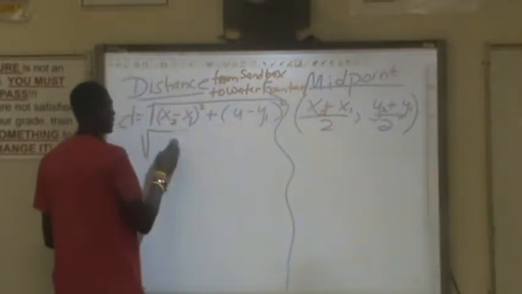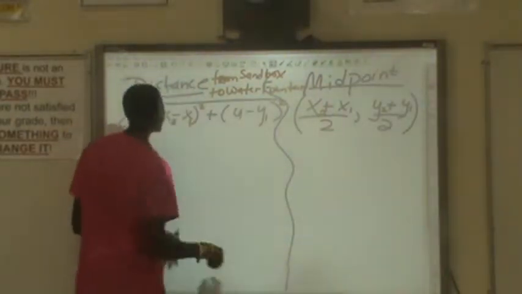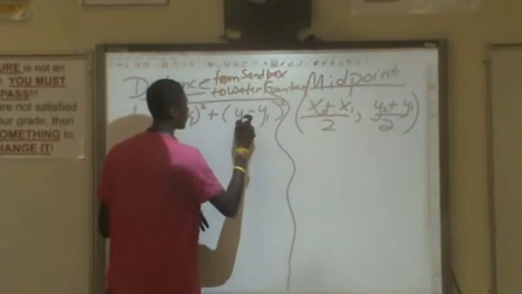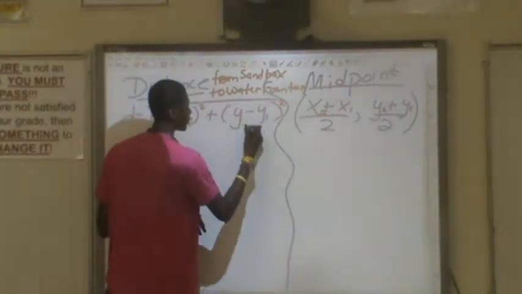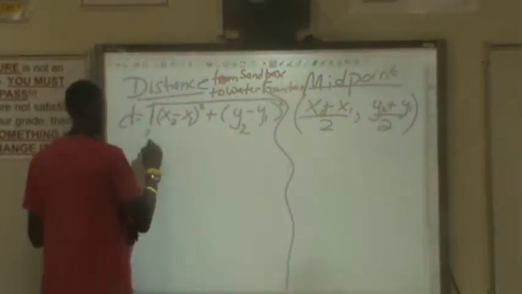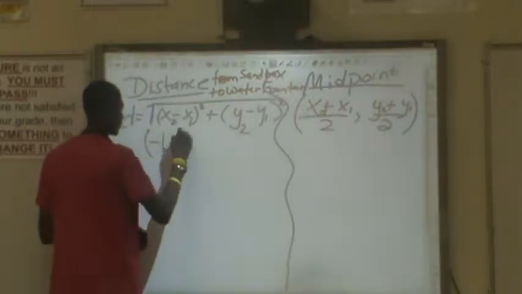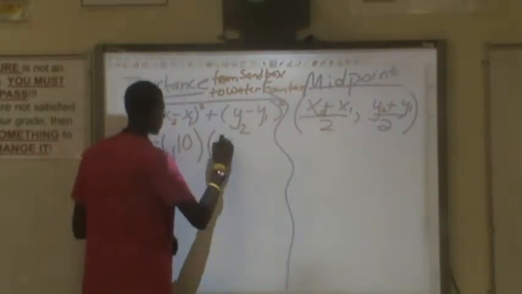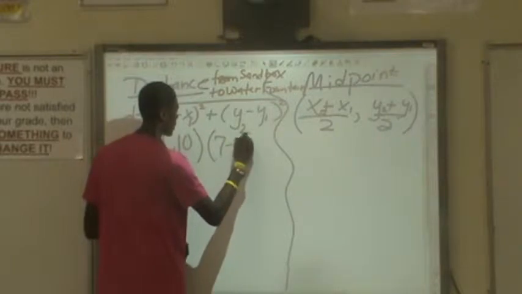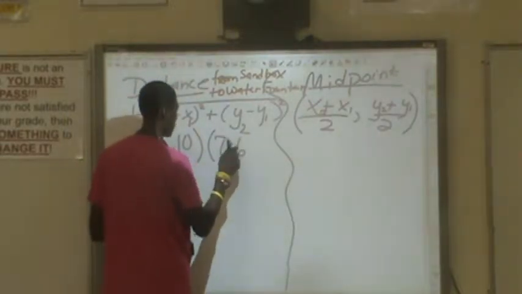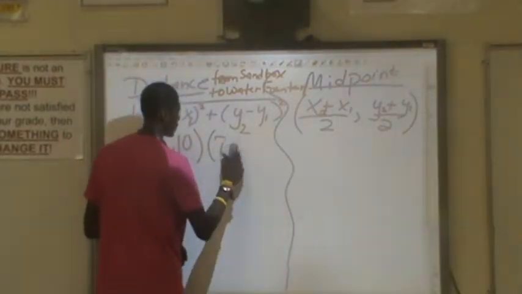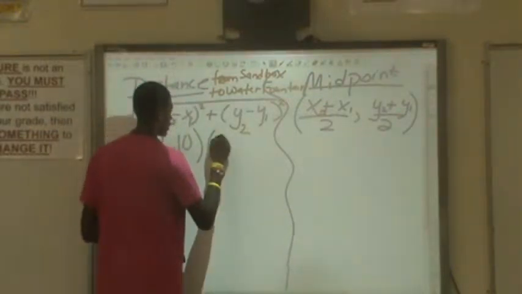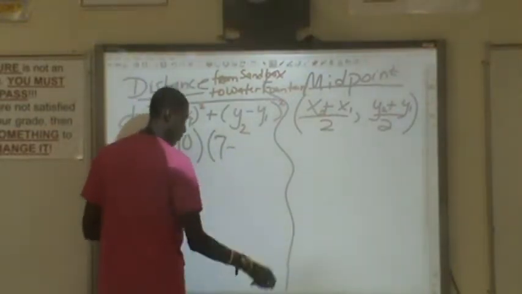So he's going to write both his coordinates first. So -1, 10. Yes. So go ahead and talk us through and tell us what you're doing.